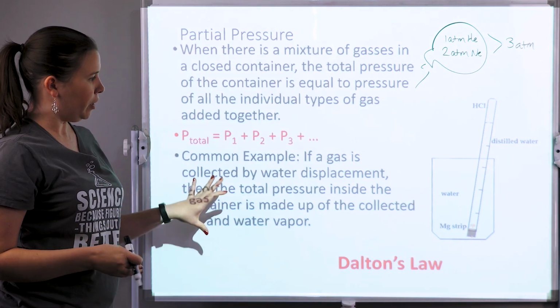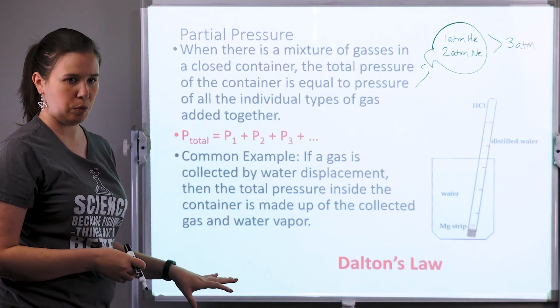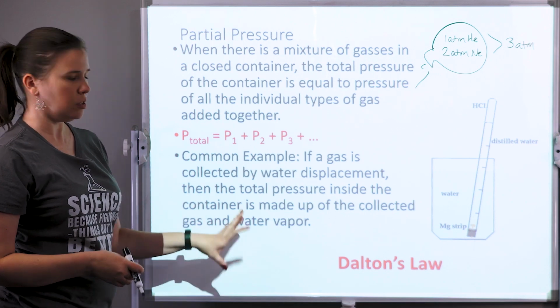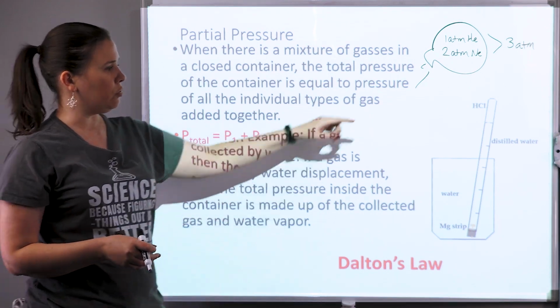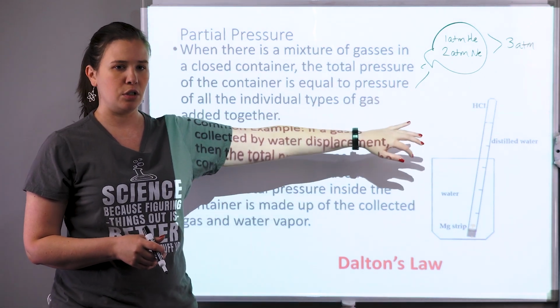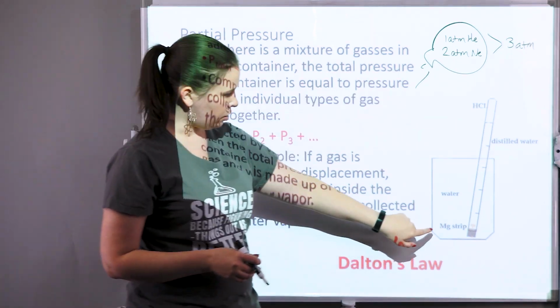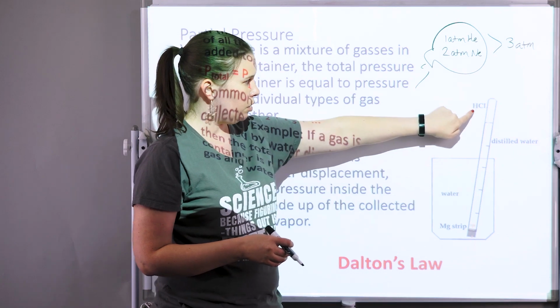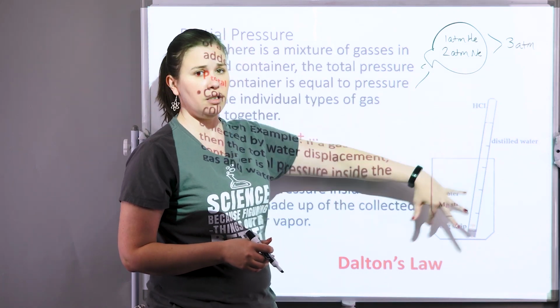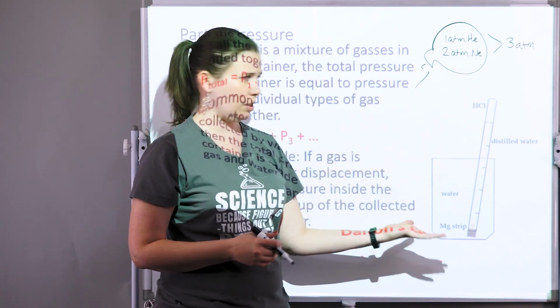But it can get a little muddy when you actually go to apply it to an experiment. So probably the most common experiment where this comes up is when you're using a eudiometer in order to determine the volume of gas collected. So we actually did this experiment in honors where you put the magnesium strip, reacted it with the hydrochloric acid, single replacement reaction producing hydrogen gas.